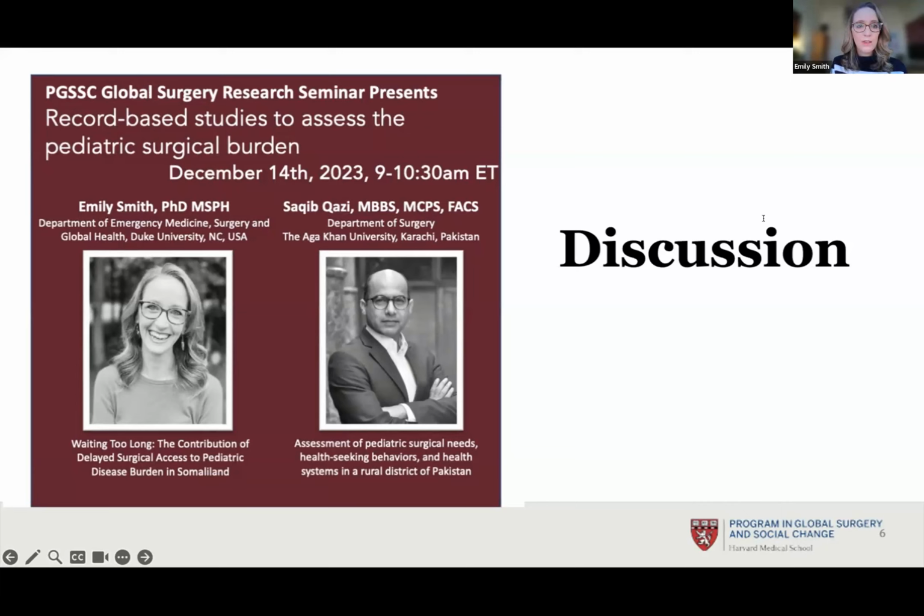One way to do that from a statistical standpoint is to look at the table 1, if you will, like the descriptive statistics of who you actually capture in the hospital records, and then go to some sort of census data or the global burden of disease or community assessment within whatever community that you are in.